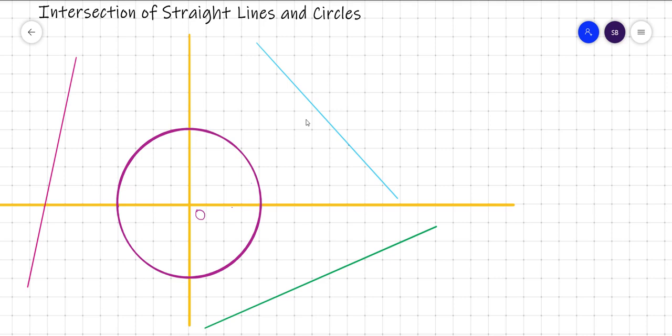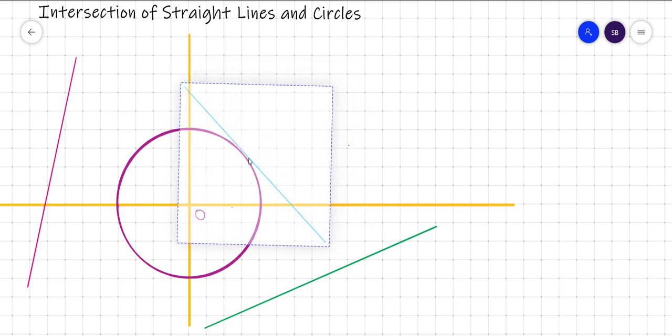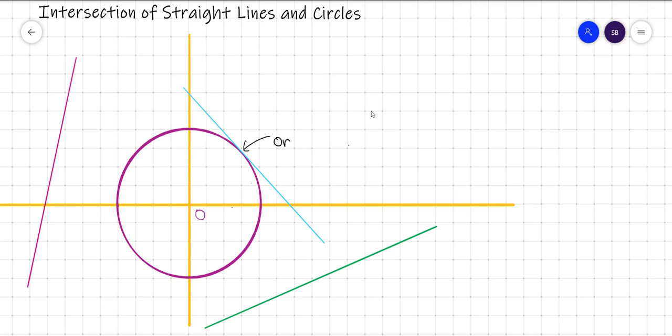Now this straight line can intersect the circle only at just one point. So, there is one point of intersection.